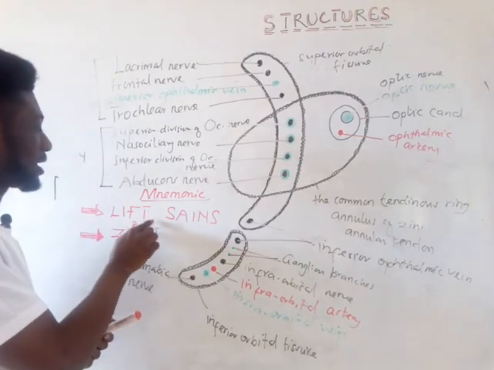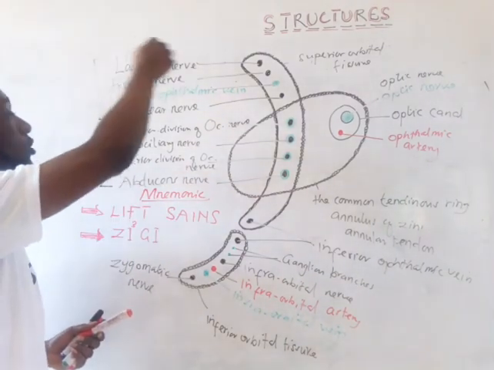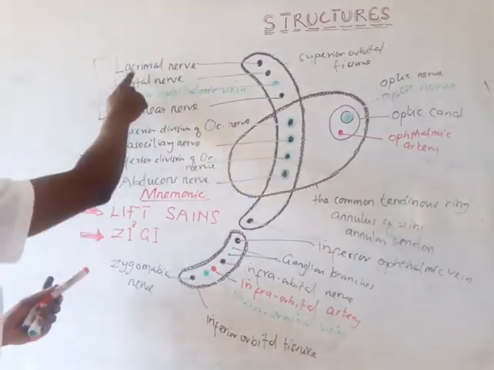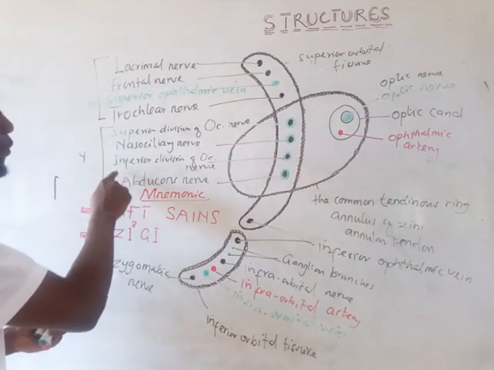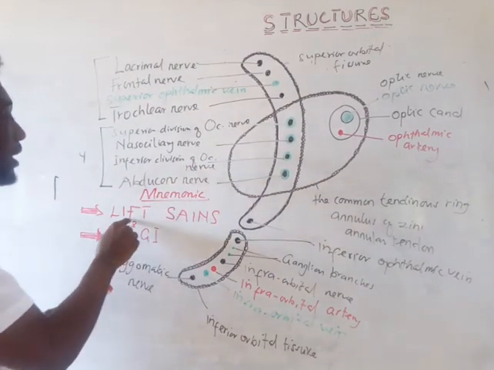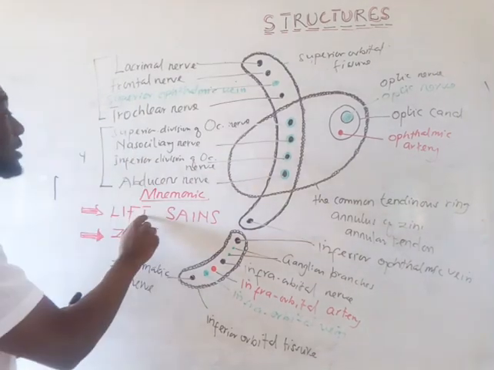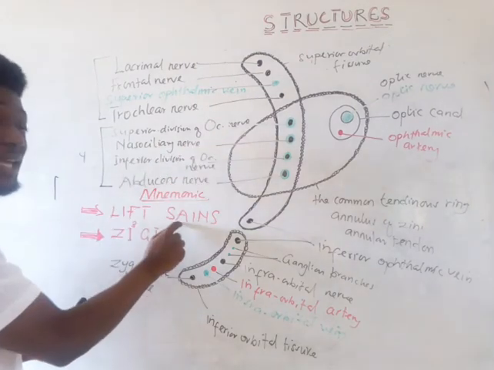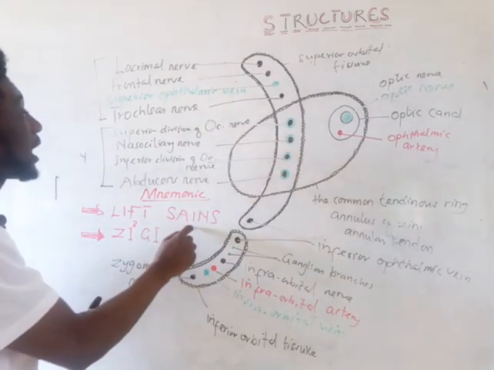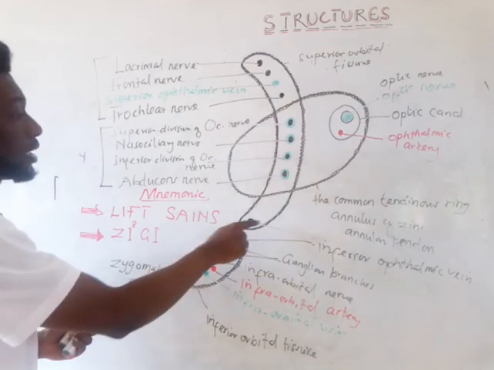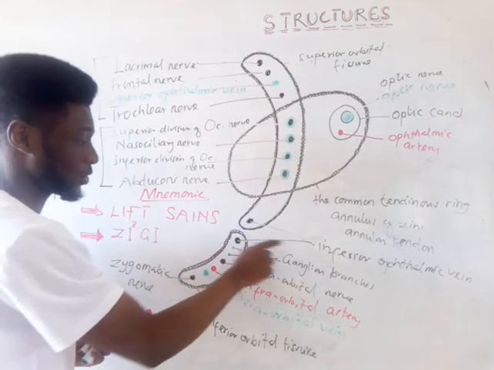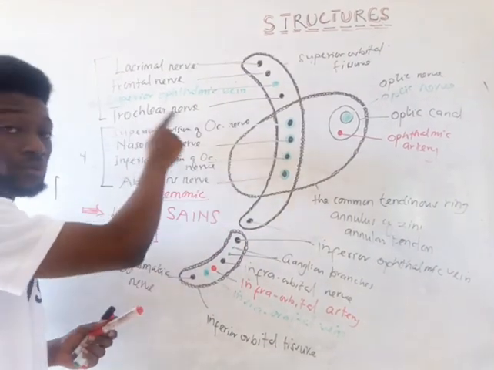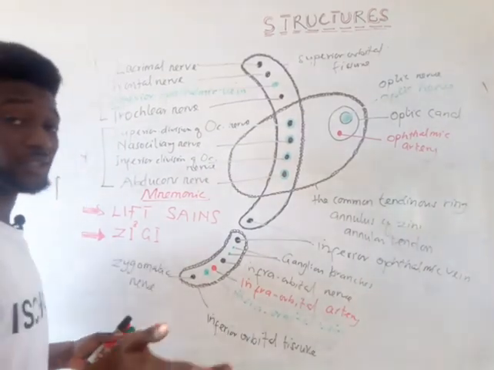So L stands for the lacrimal nerve, I stands for inferior division of the oculomotor nerve, F stands for the frontal nerve, T stands for trochlear nerve, S stands for superior division of the oculomotor nerve, A stands for abducens nerve, I stands for the inferior ophthalmic vein, N stands for nasociliary nerve, and S stands for superior ophthalmic vein. That is all.